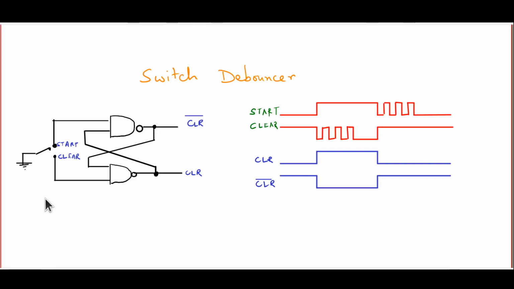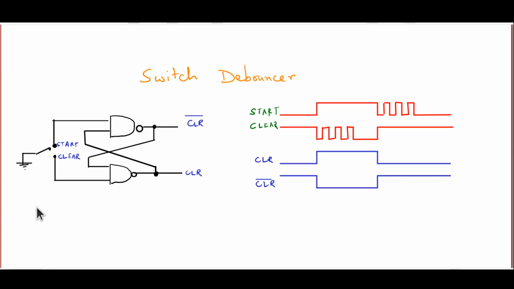And now both CLR bar, which has been fed back to the input of the lower NAND gate, and this input marked clear are both high. CLR bar is high because the output is high, and clear is high, of course, because it's floating. So CLR is clearly low. So that's what happens at the beginning, the CLR output is low, CLR bar output is high.